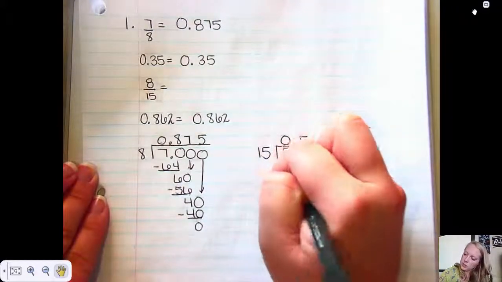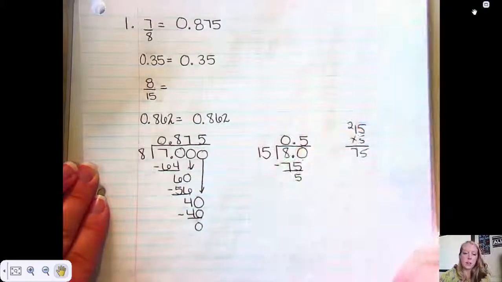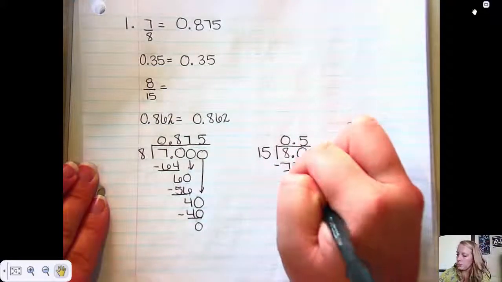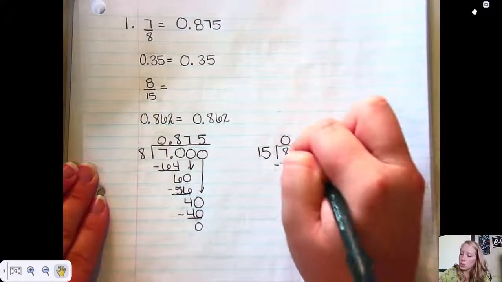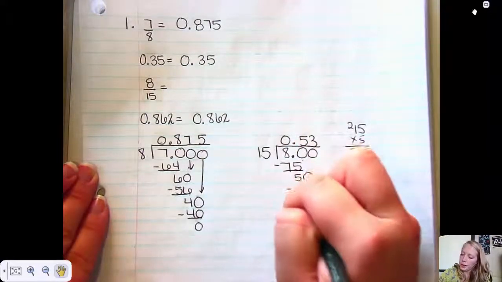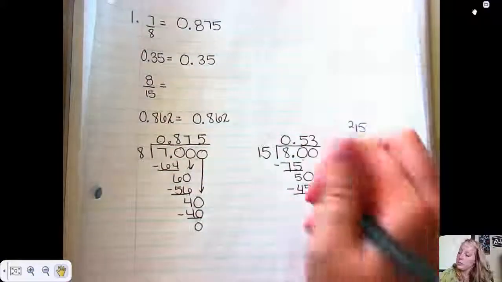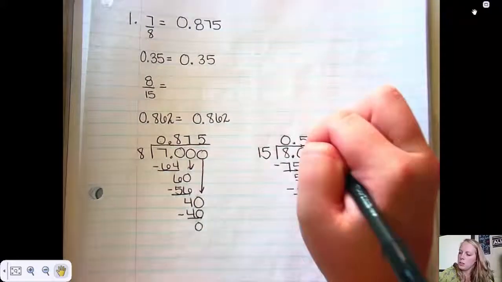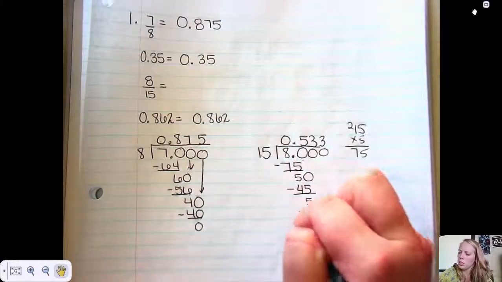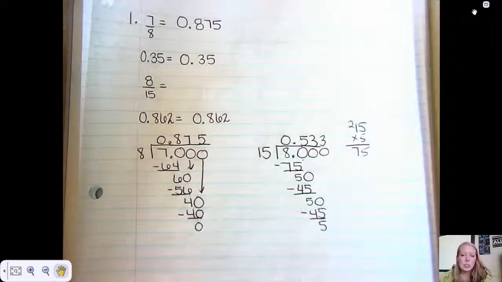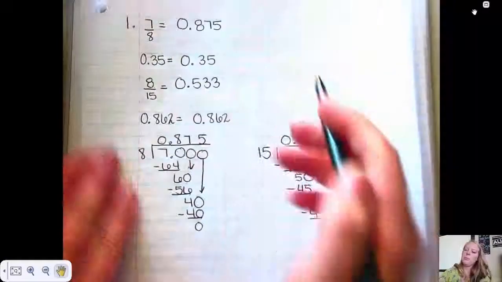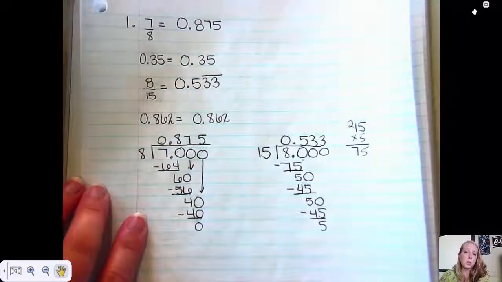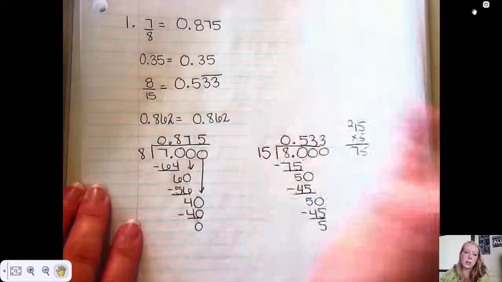So subtract 75. 80 minus 75 is 5. 0 placeholder. 15 will go into 50 3 times, and that's 45. Remainder of 5. Drop down a 0. 15 goes into 50 3 times. This is a little curious, and we get a 5 again. So it's repeating that 3. So it is 0.533. And I could put the repeating bar over both of them, or I could just put it over 1, 0.53, repeating the same thing.